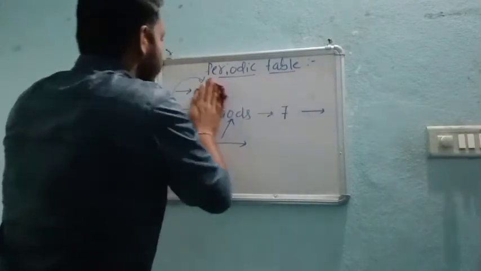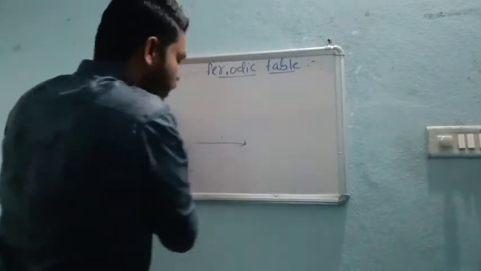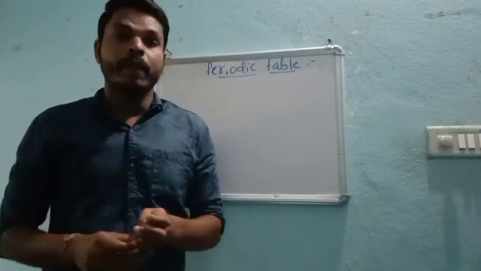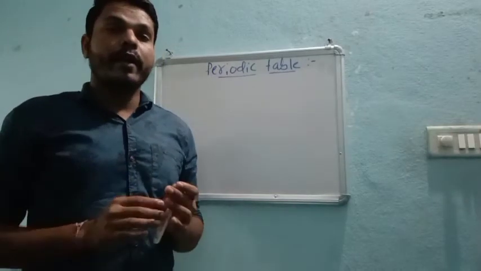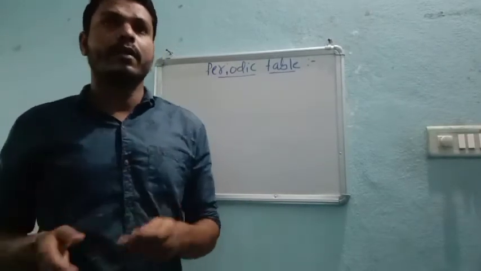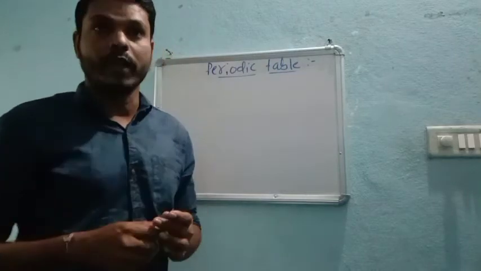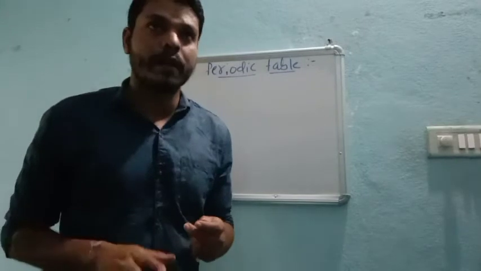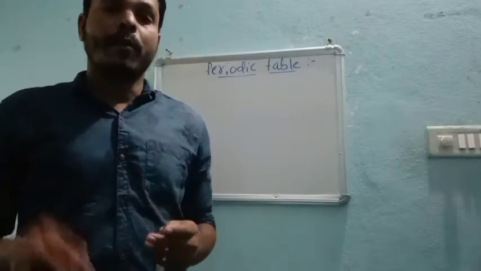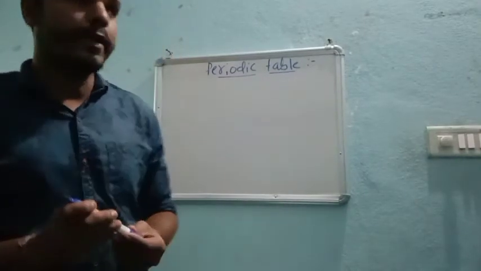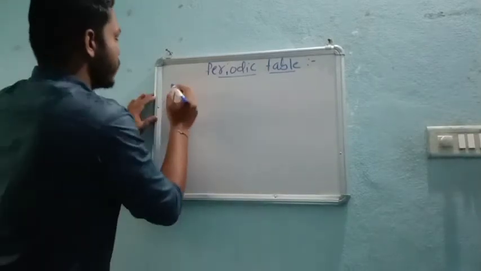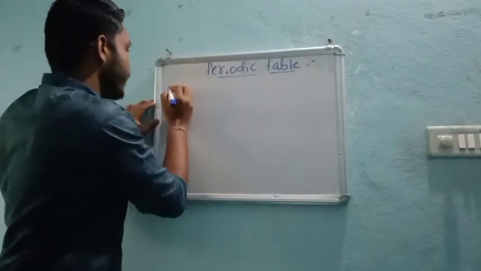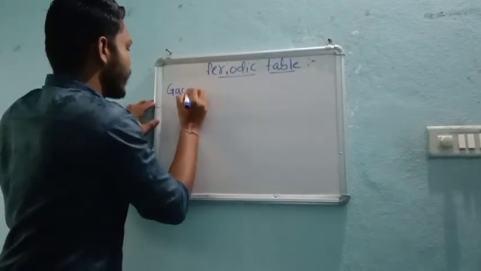Here again, in the periodic table, we know 118 elements till now. Among these 118 elements, the searching is still going on, so we are getting new elements, but till now we know 118. Among those 118 elements, there are approximately 11 or 12 gaseous elements.